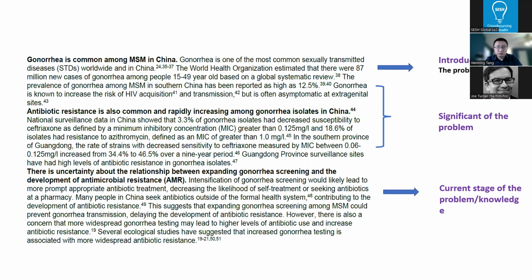You also need to review the current stage of the problem or knowledge. Tell the reviewer that there are studies already done, and previous work has focused on how to address AMR or other issues. But there are still gaps in how to address this problem.